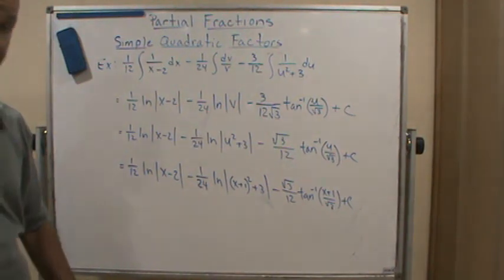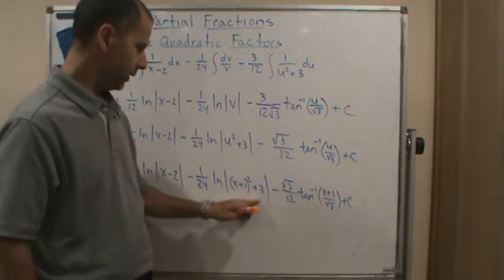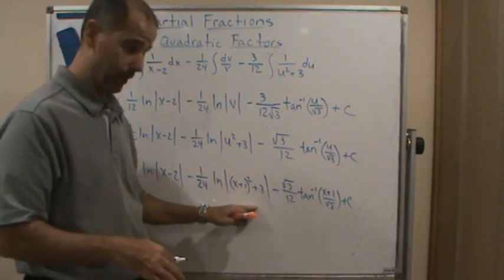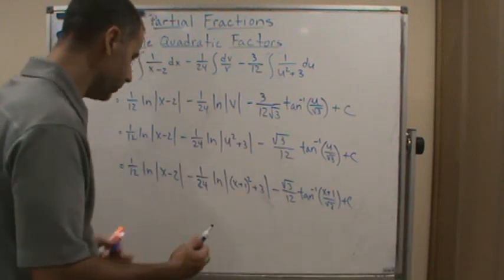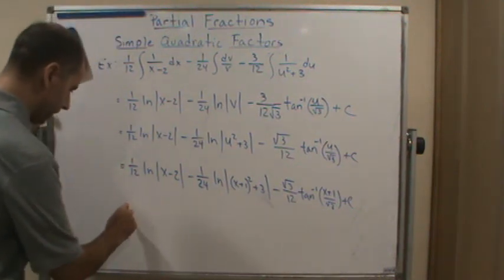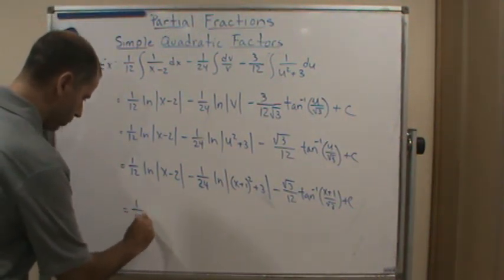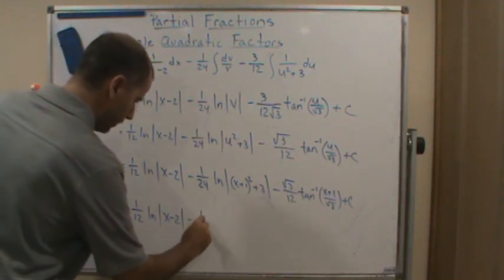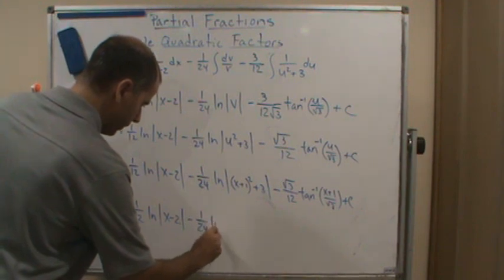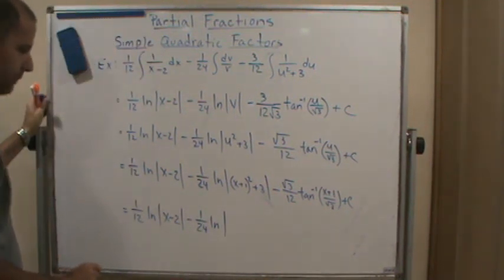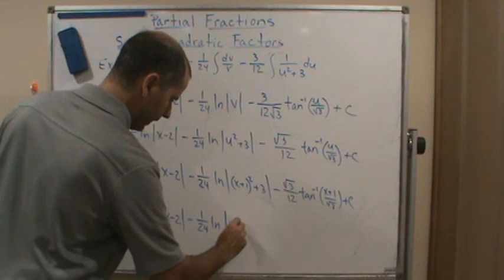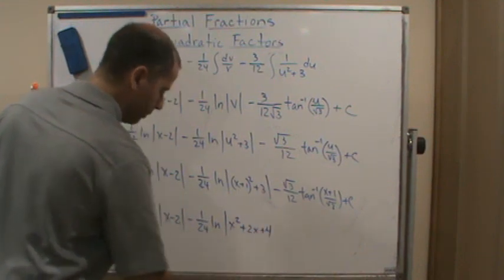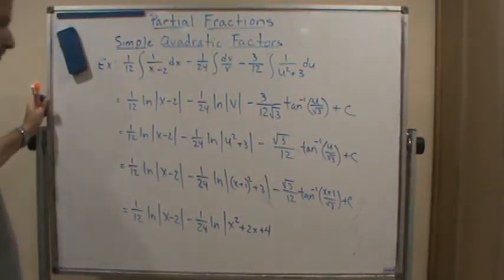And now we're almost done, except now this here, we don't leave it this way, because really what this is what we had when we completed the square. Well, we want to undo that. So what did we have before? Well, this is going to be the final answer. We get 1/12 the natural log of x minus 2 minus 1/24 times the natural log of the absolute value of, now this turns out to be x squared plus 2x plus 4, right?